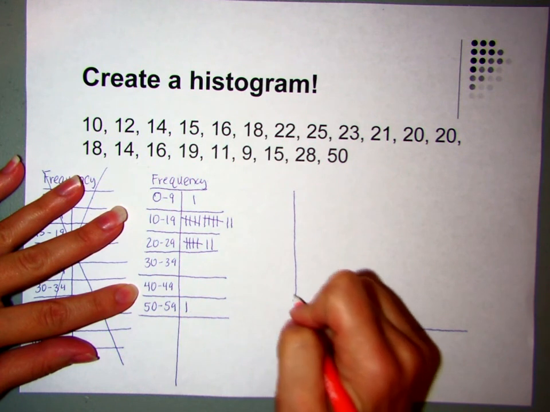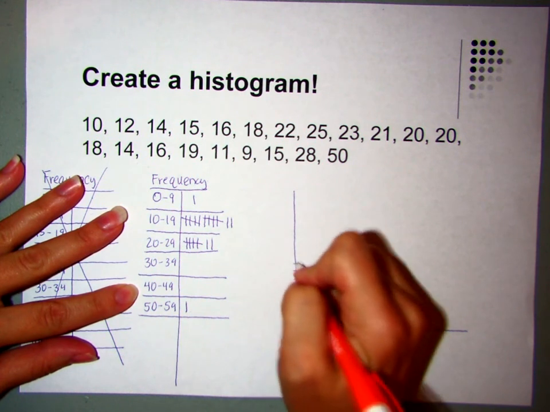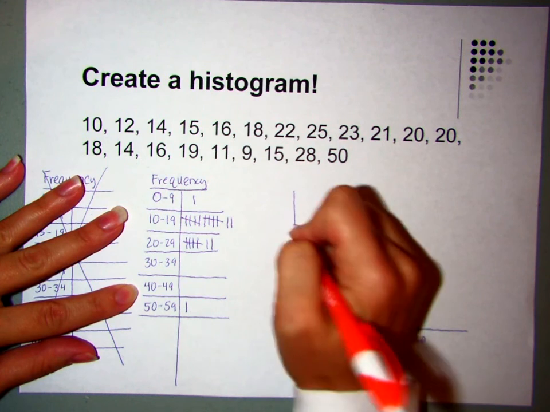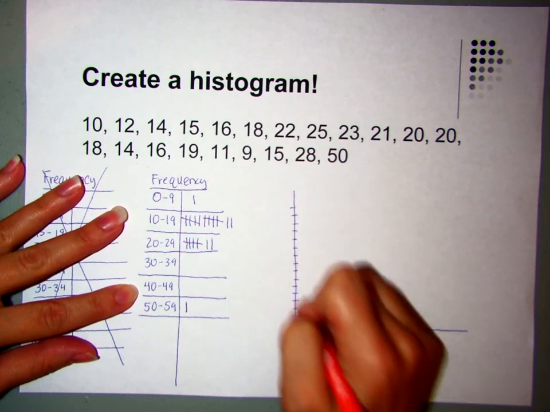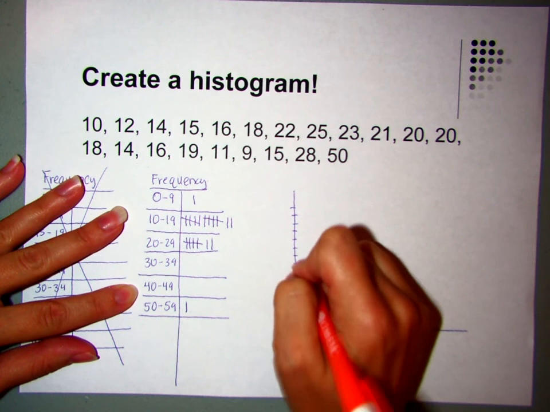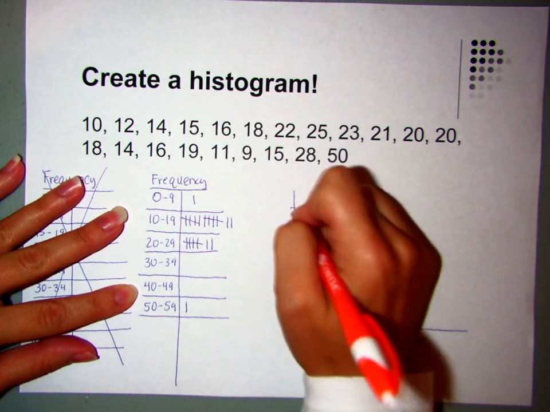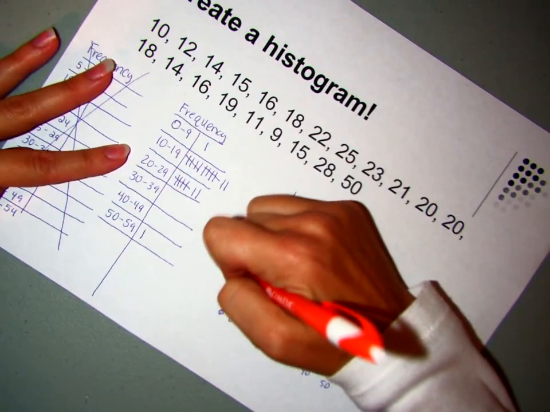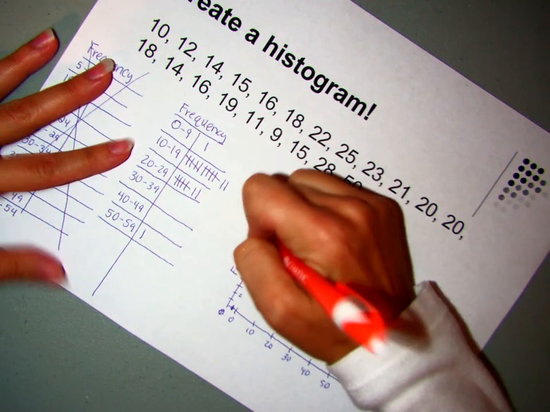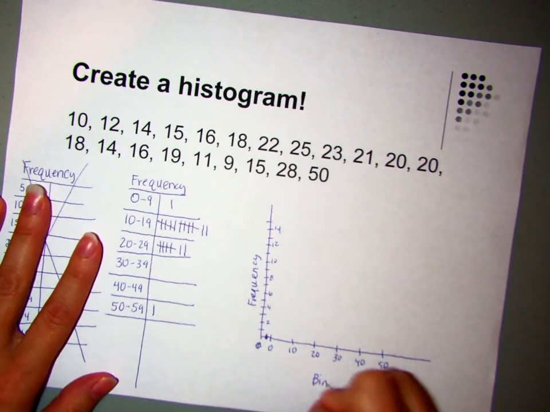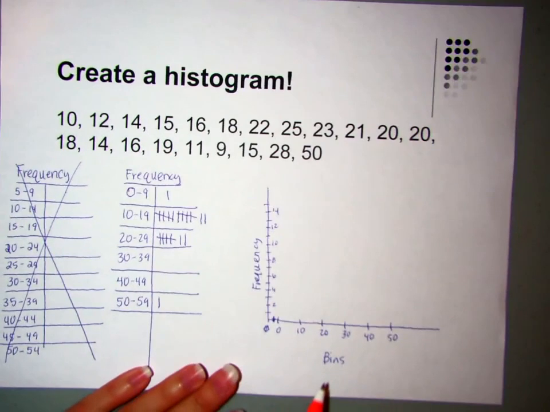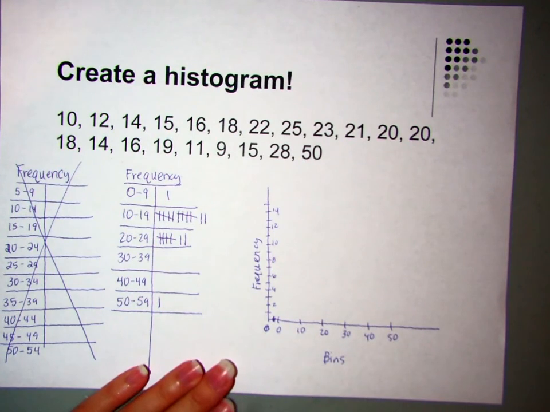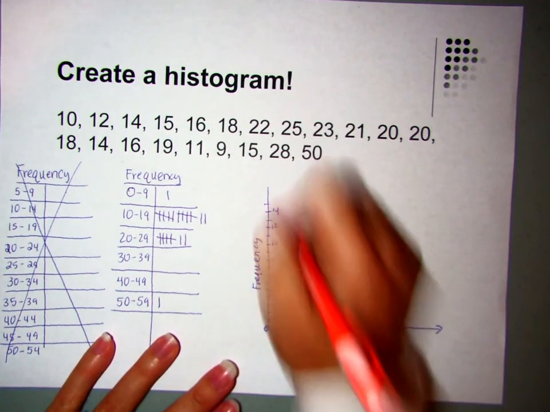It's 2, 4, 6, 8, 10, 12, 14. So this is frequency, and these are our bins. If you knew what this represented, like ages or something like that, you could label that on the x-axis here.